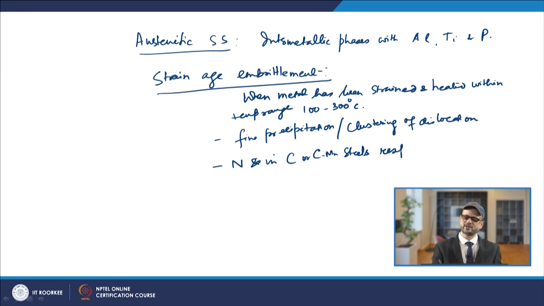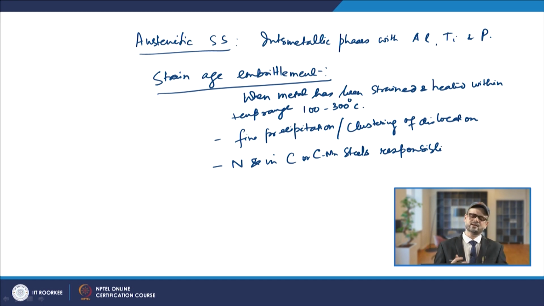Because of that the ductility is reduced. The particles responsible are carbon nitrides or nitrides. So this strain age embrittlement is important to keep in mind, because you have to avoid heating in that process.